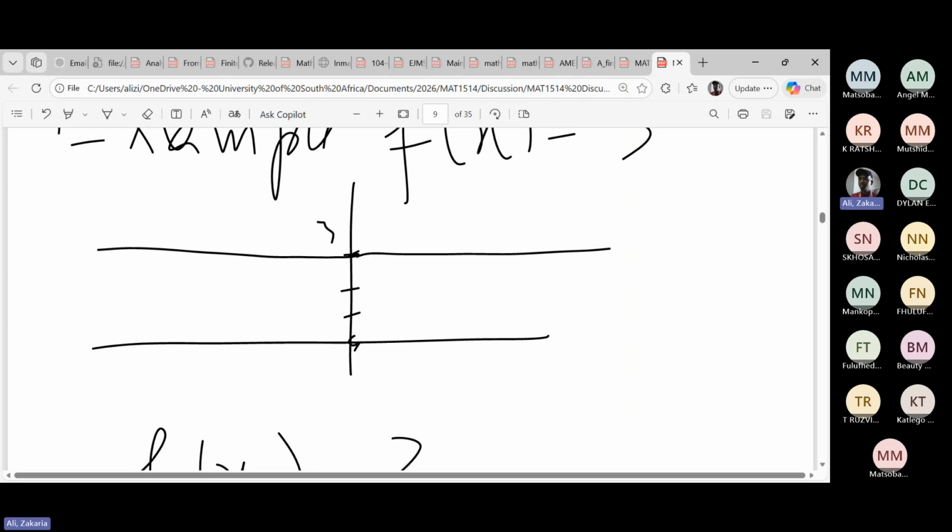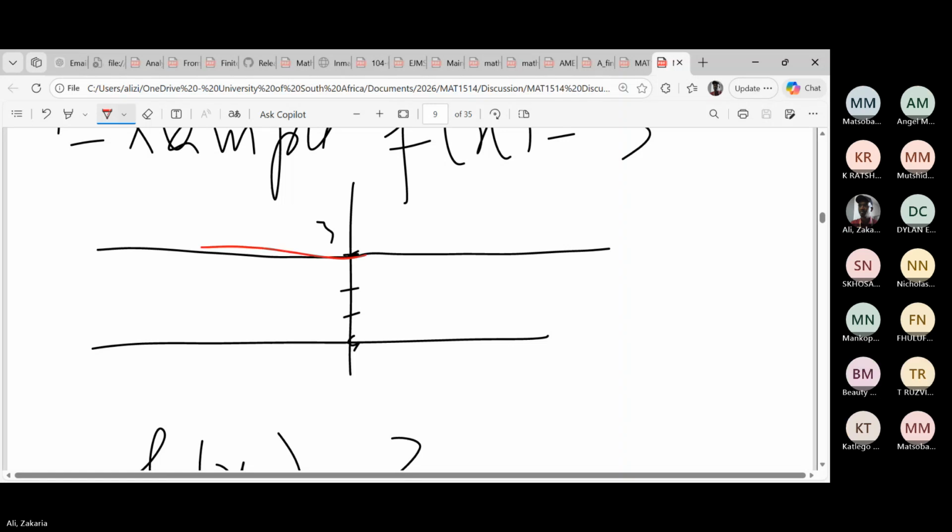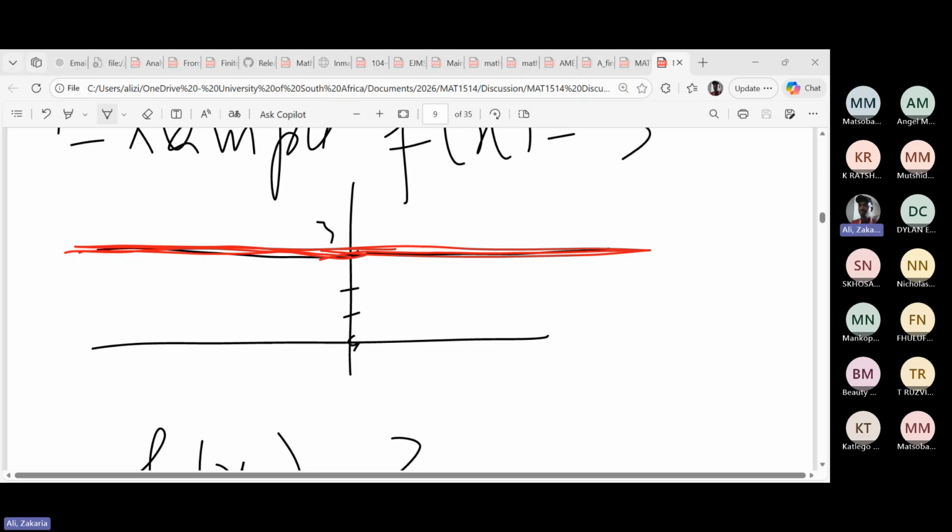If I test a horizontal line in red, it passes via 3, and touches the graph infinitely many times. So this function is not a one-to-one function. Are you guys with me?